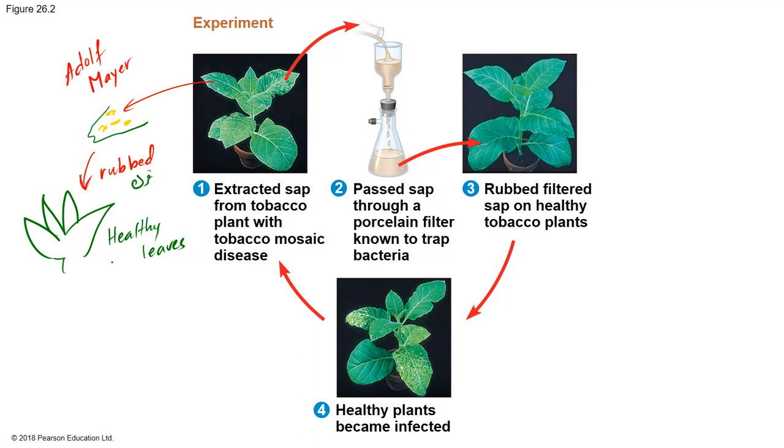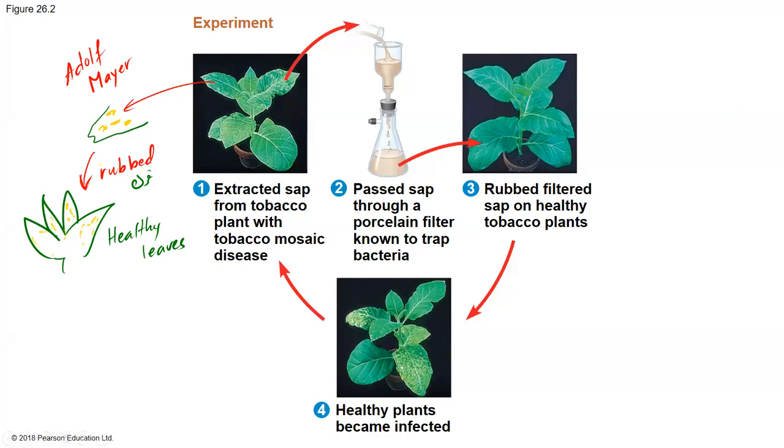Okay, and this led to the transmission of the disease from this plant into the healthy plant. So when he took this leaf that showed signs of tobacco mosaic disease and rubbed it against leaves of healthy plants, the leaves of healthy plants also became mosaic, and now they have the disease.